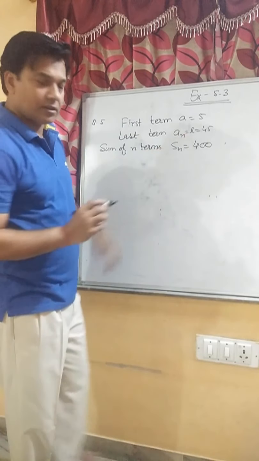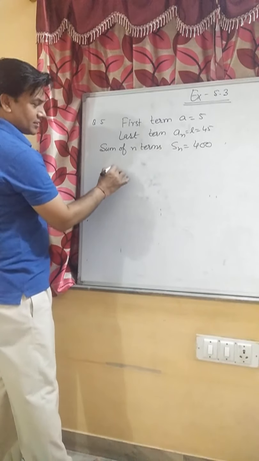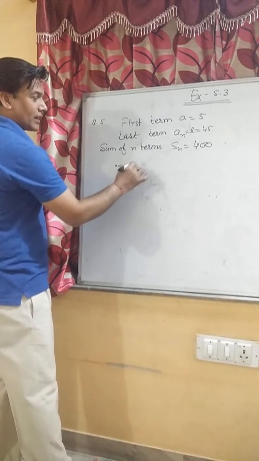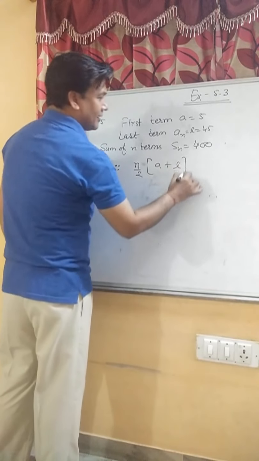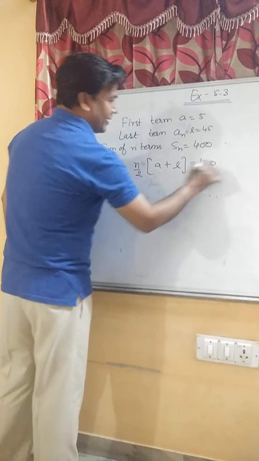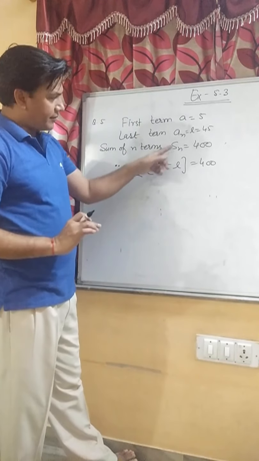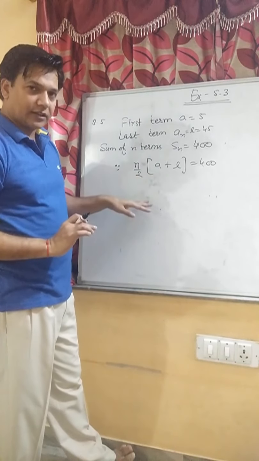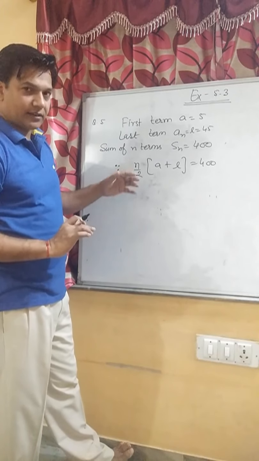First, Sn's formula according to the last term. Since we know that Sn is n by 2 bracket a plus L, which is already given as 400, we are putting the formula of Sn here. Now we have to calculate the value of n.